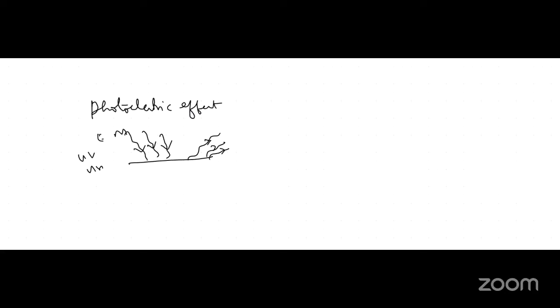It falls on the metal surface, which absorbs the electromagnetic waves and then ejects the electrons. The number of ejected electrons shows as a reading in the connected ammeter. So that is the experimental setup.